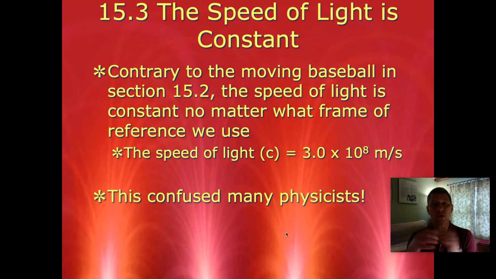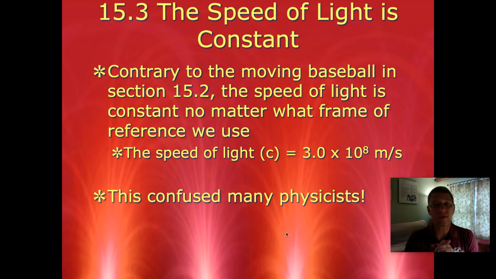If you were to shoot a laser beam from a stationary gun at a stationary target, then the laser beam would reach the target at 3.0 times 10 to the 8th meters per second.